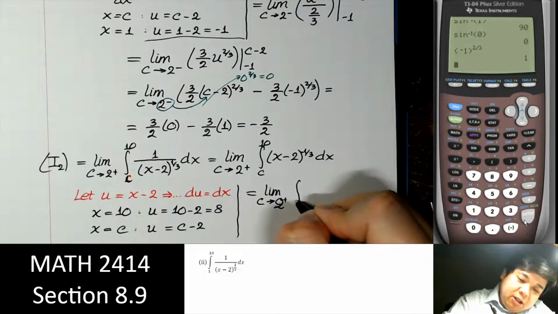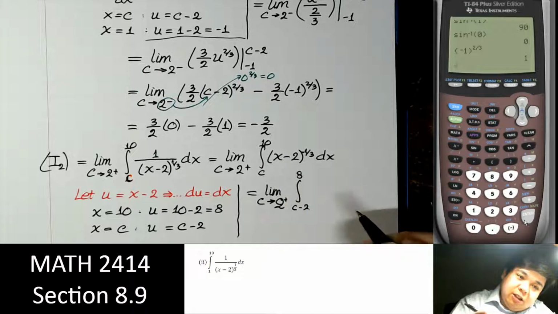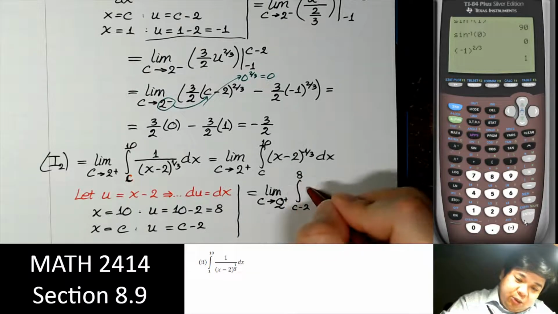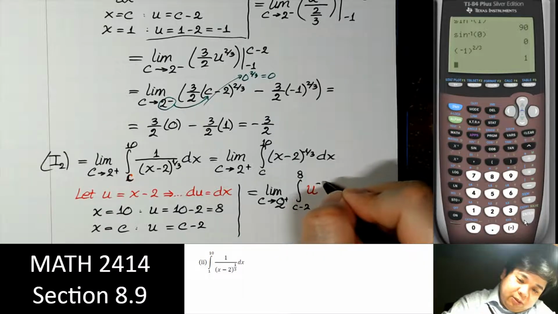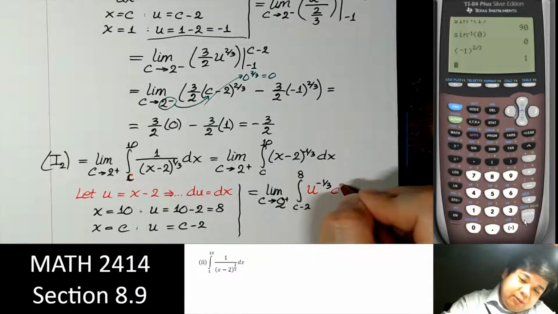The limits are c minus 2 to 8. That is u, and dx is du.